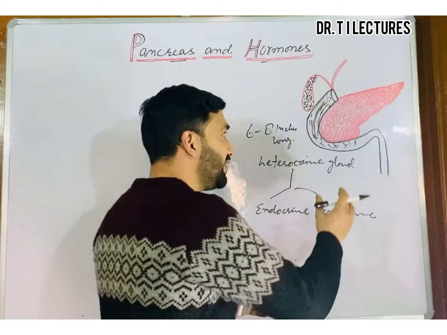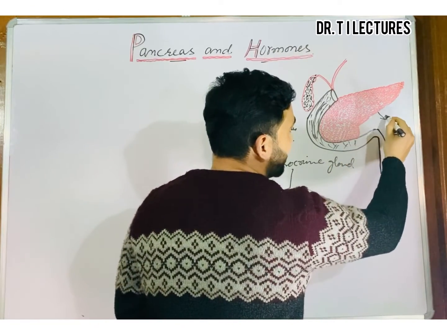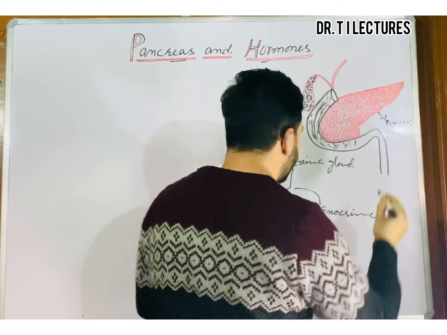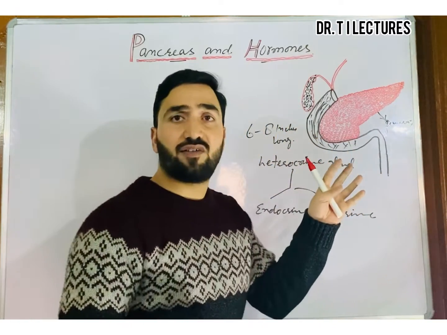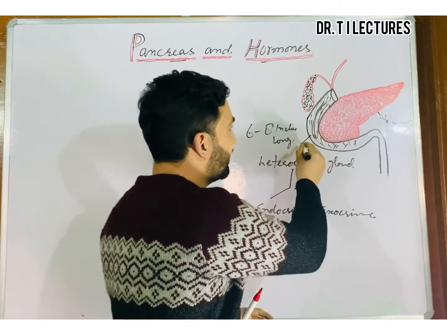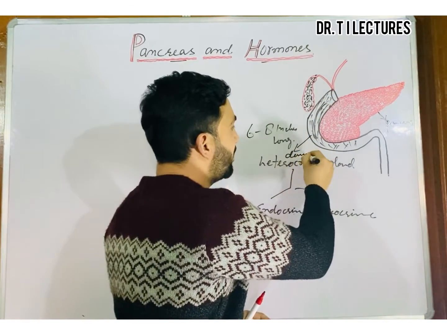Here you can see the image of the pancreas. This is a leaf-like structure which is 6 to 8 inches long, and it attaches to the first part of the small intestine, called the duodenum.